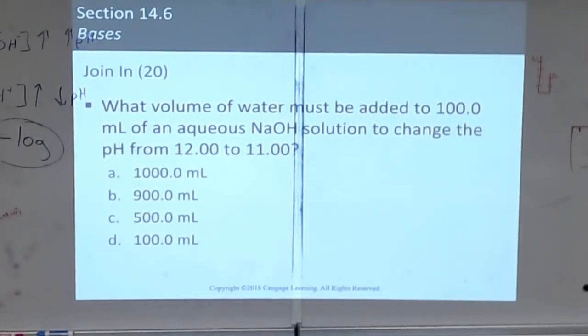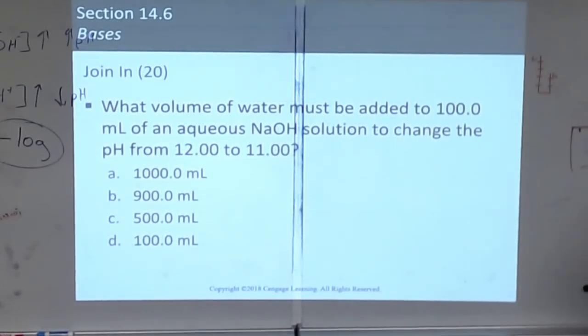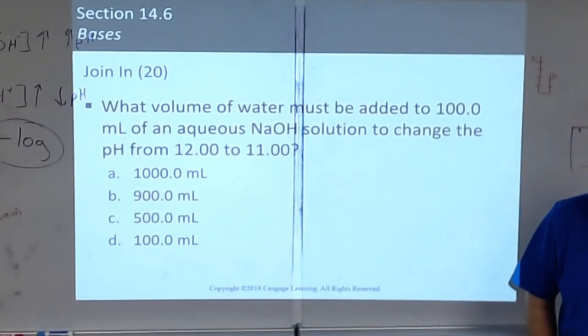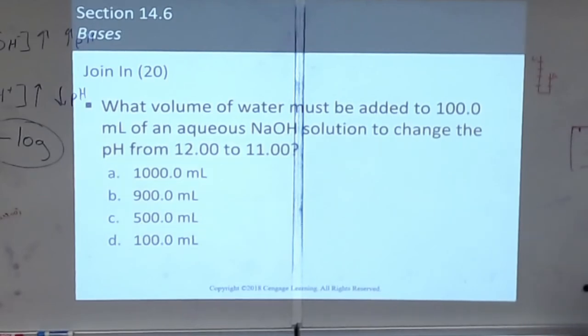Anybody got it? Okay, what scale are we doing again with pH? The p is a log scale. So if I want to go from 12 to 11, I need an order of magnitude higher. So my volume needs to go from 100 to 1,000.